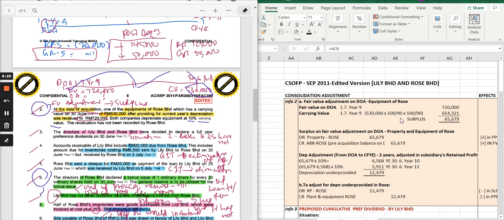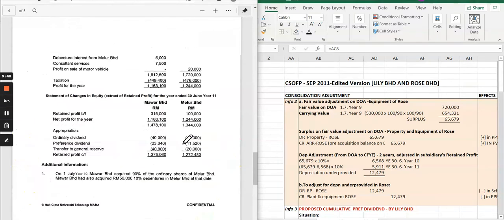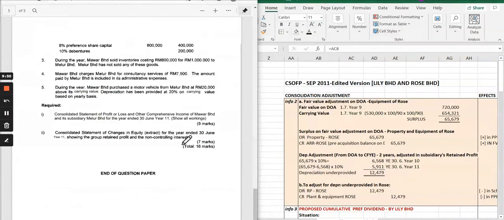That is for 1 year. This would give you 1st of July year 10, but you're not trying to find it on that date, you're trying to find it on the day of acquisition. So you do that 100 over 90 twice, and you will get 654,321, and that gives you the surplus of 65,679, which is the surplus on the date of acquisition.